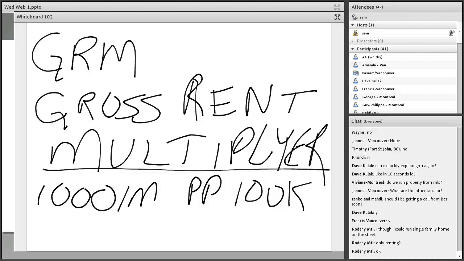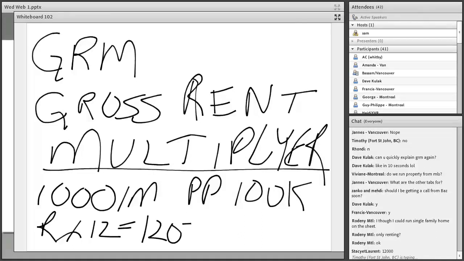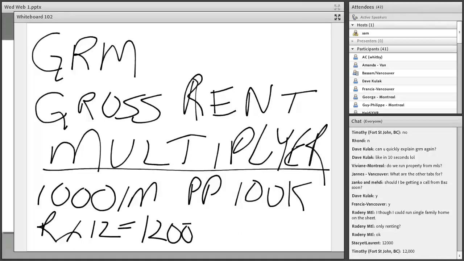We take the rent times 12, which equals, in this case, $12,000 per year. Then I take 100K, the purchase price, and divide it by this number.